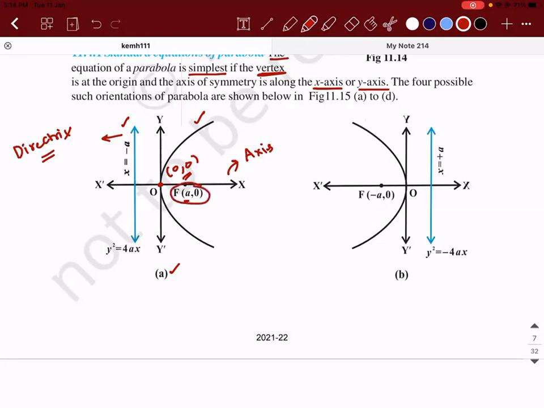Now listen to this. If this is a comma 0 and the same point is moving in multiple locations, let's say it is here at time t1. There will be some instant t dash at which the point is going to be at the origin. Accepted? Think about it.